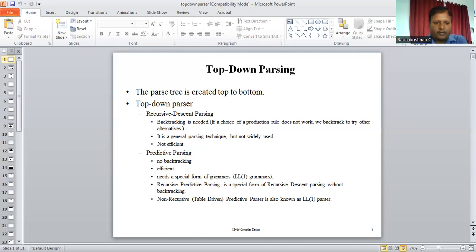Next, follow of T. Follow of T has two different locations. In both the locations, the immediate right hand side value will be E', which is one more non-terminal. In that particular case, for follow of T we look at E'. So again we combine together first of E' union follow of E' minus epsilon.